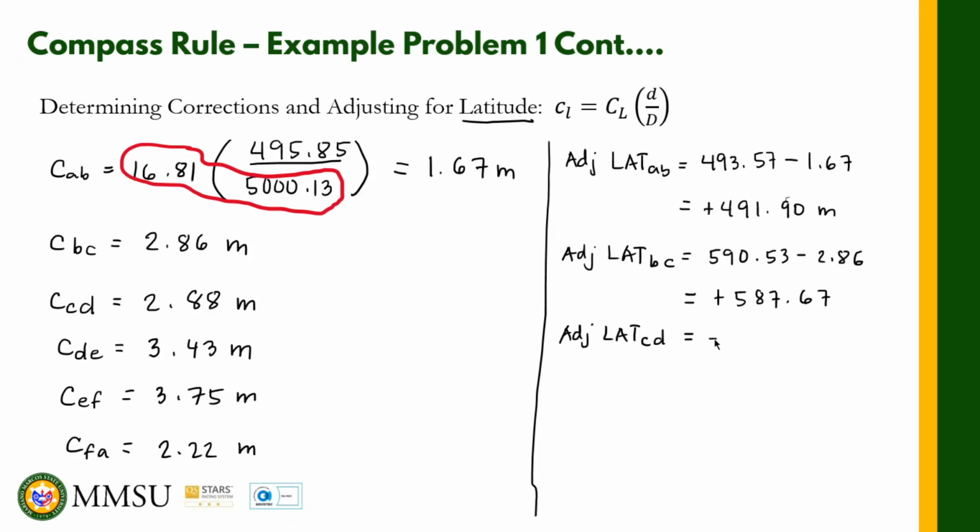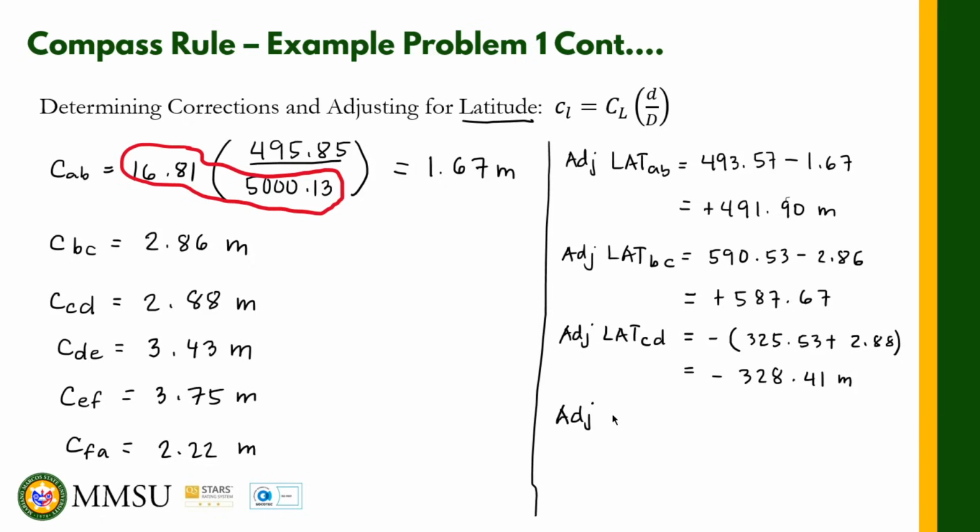Syempre yung minus nasa labas niyan. 325.53, i-add natin yung 2.88 para lumaki, so ito magiging negative 328.41 meters. Okay? So ganyan kapag nag-adjust tayo dyan sa negative na latitude.